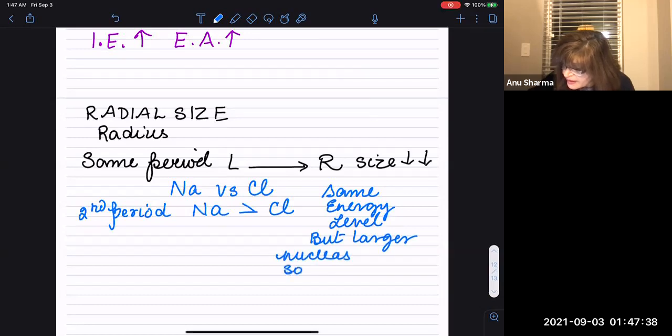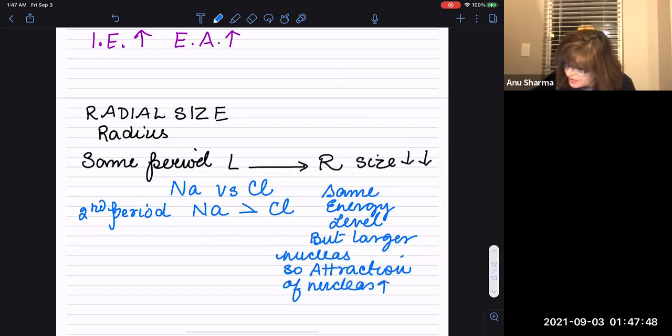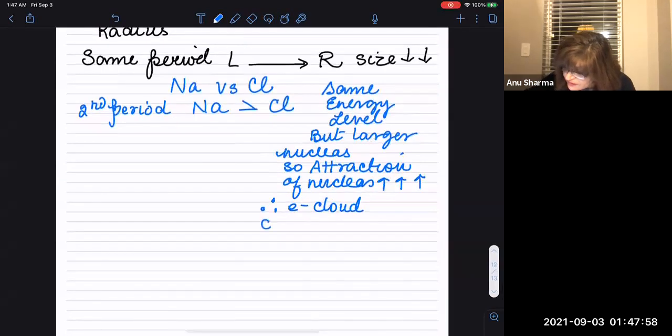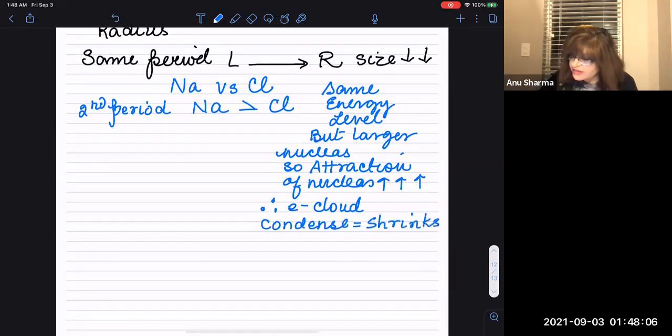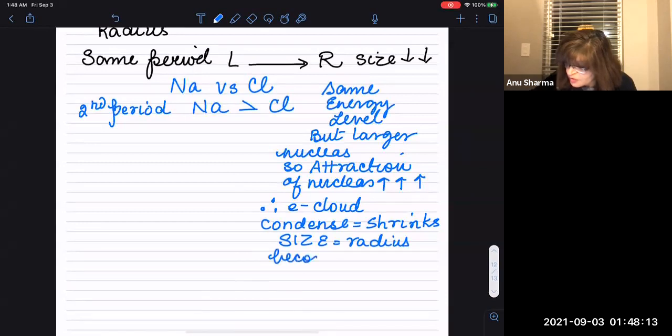So the nuclear pull, the attraction of the nucleus, is very high. Therefore the electron cloud condenses. Condense means it shrinks, and when it shrinks, the size, that is the radius, becomes small.